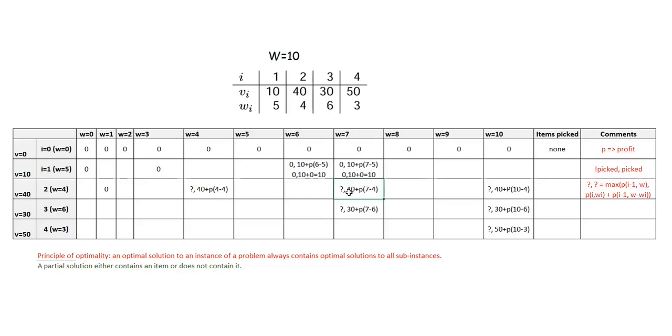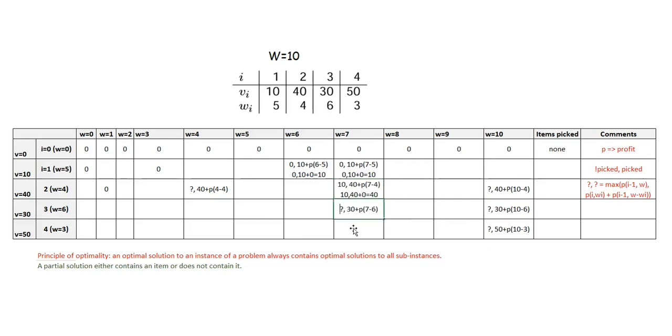Now let's resolve this one because it has a question mark here and which is coming from the one above. So 10 or this one, let's resolve it. 10 is above, 40 plus P3, 7 minus 4 is 3, so which is 0. So either 10 or 40 plus 0 gives us 40.